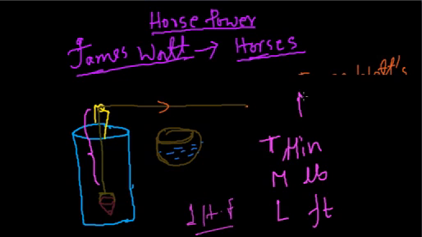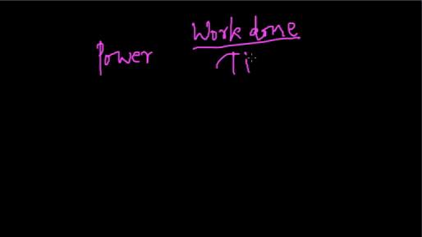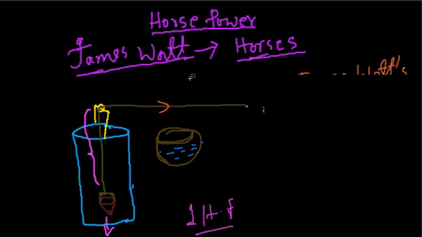Okay, power is equal to how much? First of all, what is the definition of power? Power is work done per unit time, work done by time. So the work done by the horse is equal to mass, and of course it has to be multiplied with the gravitational acceleration, that is g.